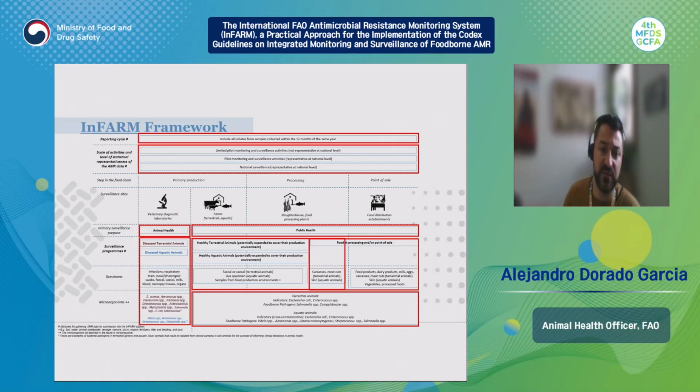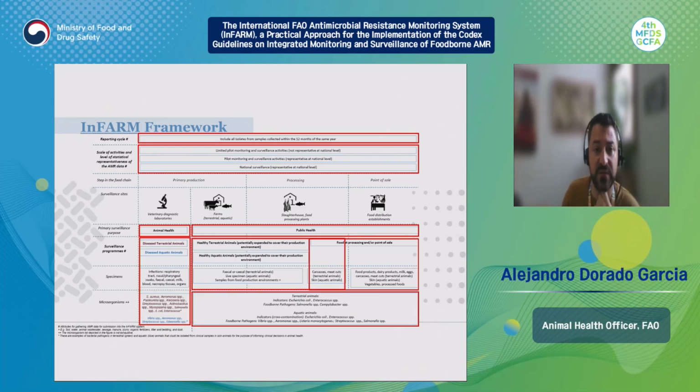All AMR data files should be characterized to indicate if the isolates are coming from pilot activities, representative or not of the national situation, or from systematic and routine surveillance programs that are representative of the national situation. Then finally, isolates should also be classified in different data files according to the surveillance program they represent.